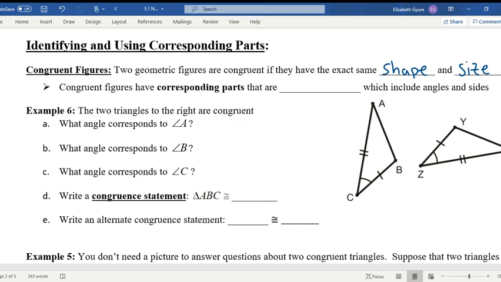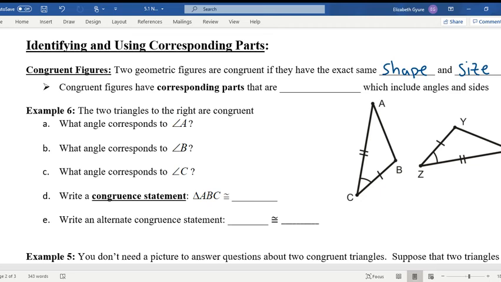So that means if I have one shape and I pick an angle from it, any angle, could I go to my other shape and isn't there going to be an angle that's exactly the same as it? Those are your corresponding parts, the parts that match up from one shape to the other.